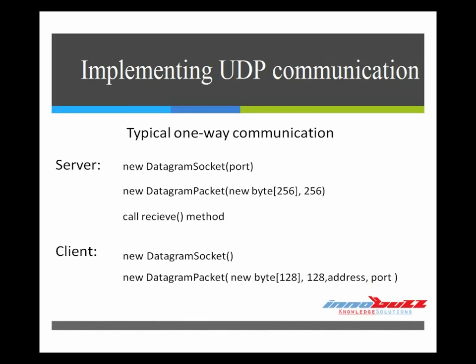The message will be a byte array. The send method of the datagram socket will send our message, which is given in the argument as a datagram packet. Well, the whole thing in UDP communication is this simple.